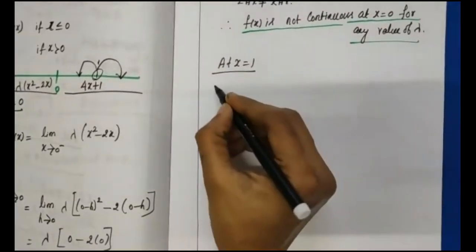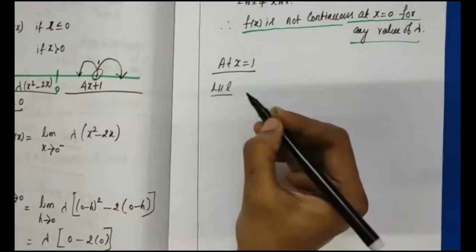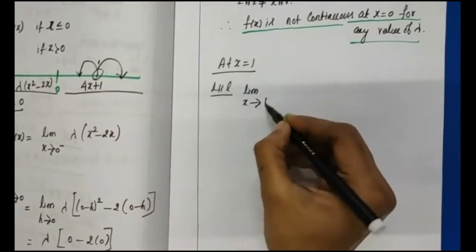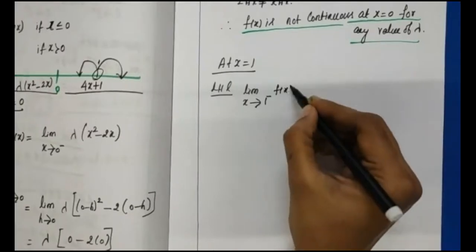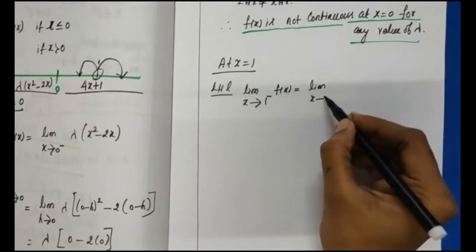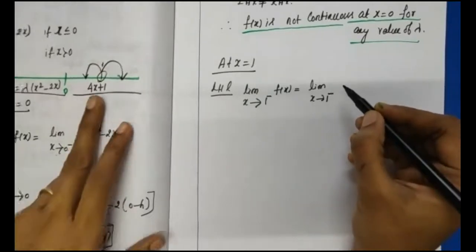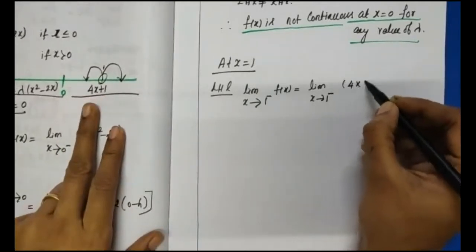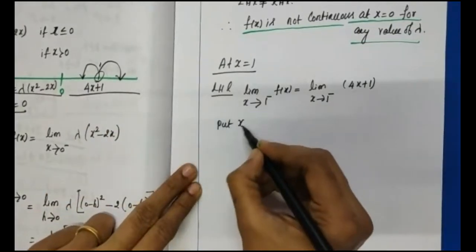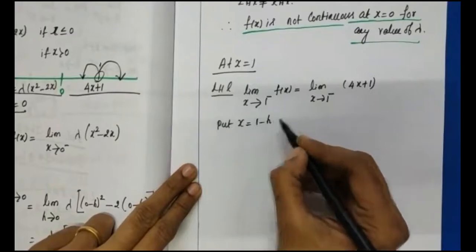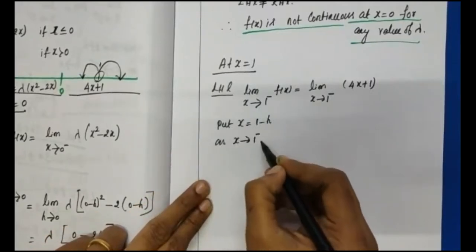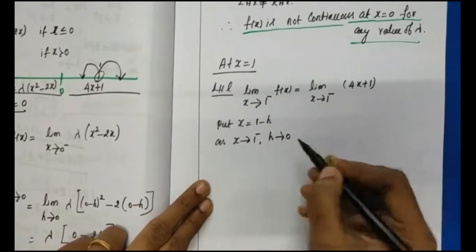So first do the left hand limit. Limit x tends to 1 minus f of x is equal to limit x tends to 1 minus of 4x plus 1. Put x is equal to 1 minus h, as x tends to 1 minus, h tends to 0.